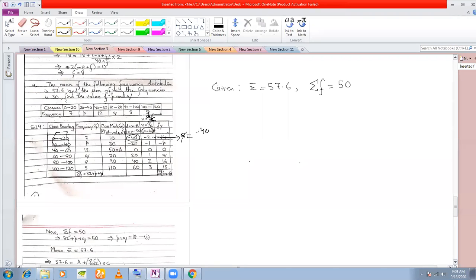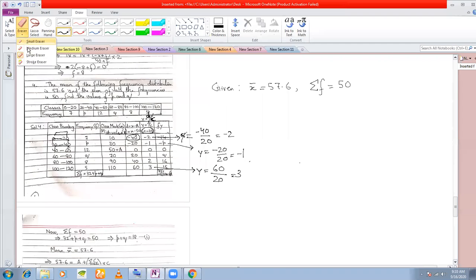So minus 40 divided by class width 20 gives minus 2. Similarly, y here is minus 20 by 20, minus 1, and so on. Let me do the last one: d is 60, divided by class width 20, which is 3. So for each one we are calculating y.